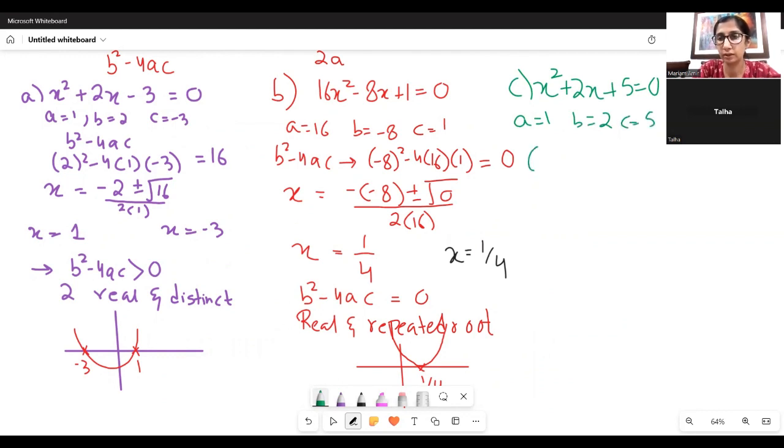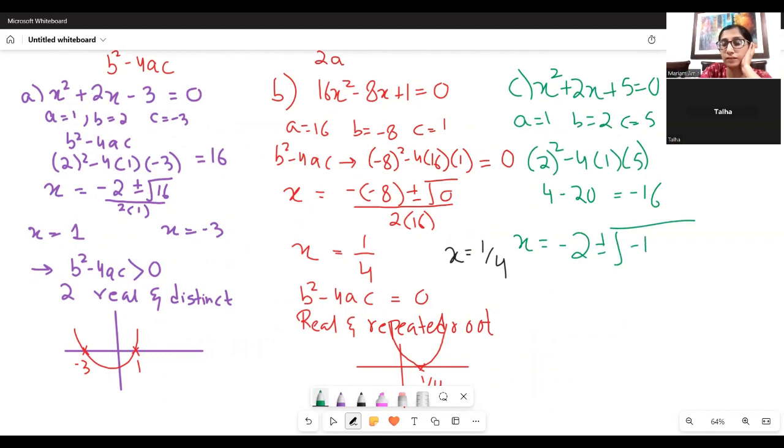B square minus 4AC is the discriminant, which is 4 minus 20, which is -16. So now let's try entering it in the quadratic formula. x equals minus b plus minus square root of minus 16 divided by 2a.